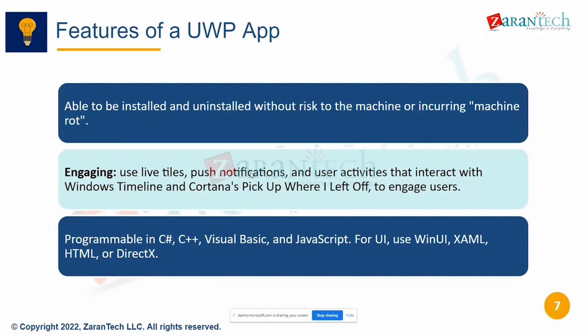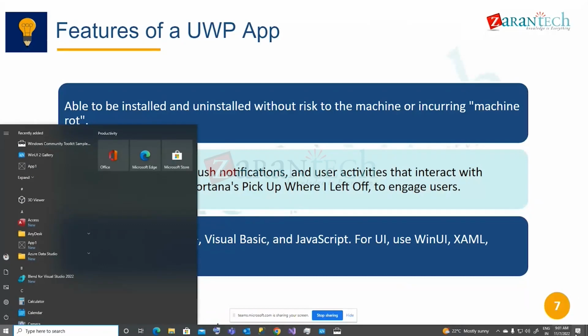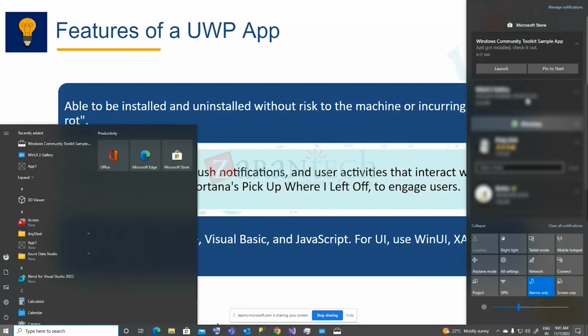Outside the computer, inside the computer, you can push notifications to your UWP app. You can also run some toast. Toast means the windows that pop up here, those are toasts.